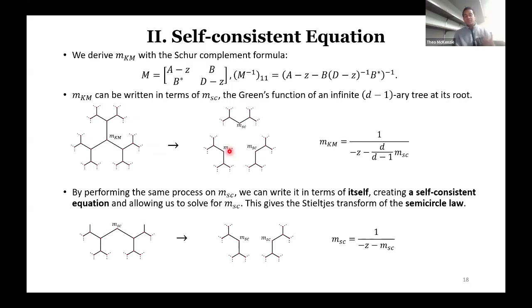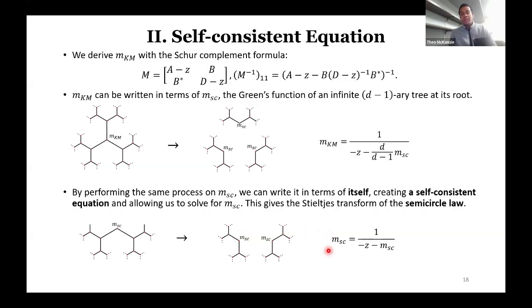Okay, so why do we do this? Well, we can do the same process after I've deleted this vertex. Specifically, I'll call that MSC. So this is like the infinite d-1 array rooted tree. And I can once again delete a vertex and then write it in terms of itself. Because when I delete a vertex of the d-1 array rooted tree, I get another version of it once again.